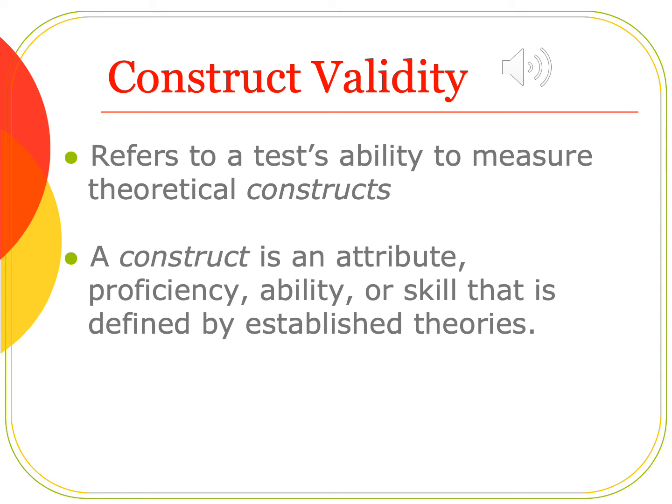So construct validity is going to be researchers or clinicians with a lot of experience in research looking at the test, looking at the individual items on the test within the content to say, are they measuring this the right way? Are they measuring semantics the right way? Are they measuring morphology the right way?